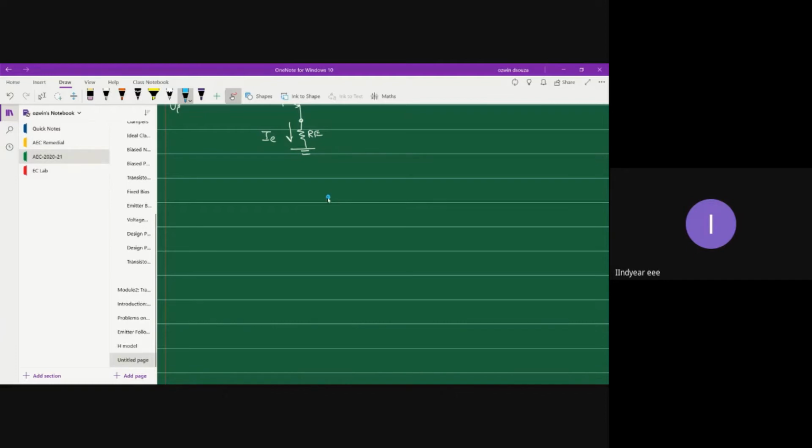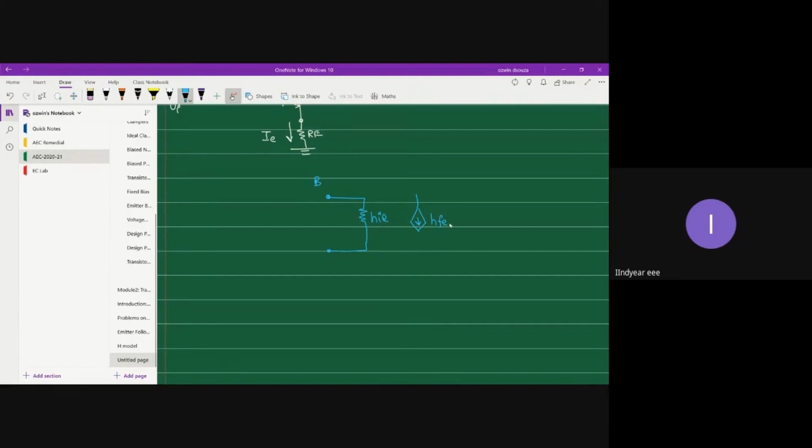First let us replace the transistor symbol with the hybrid equivalent model. This is my base terminal. This is HIE, because I'm considering common emitter configuration.